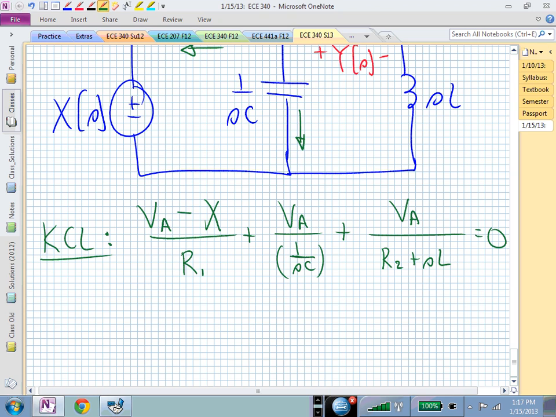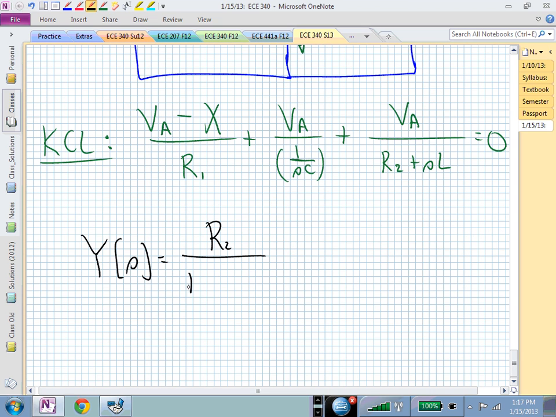If I can find V sub A, then Y, the output, is going to be R sub 2 over R sub 2 plus SL times V sub A. Now I simply need to find V sub A in terms of capital X. And that's just some algebra.